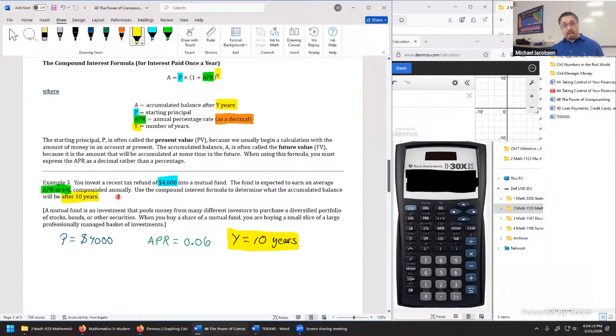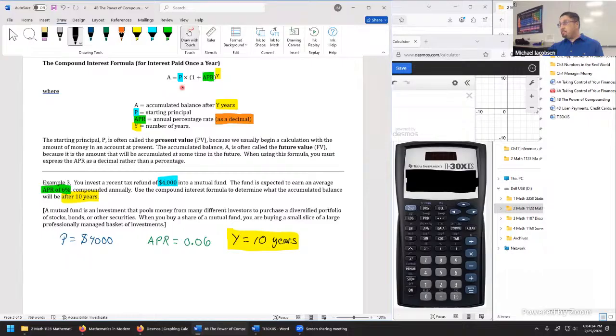This was going to be compounded annually, so just once per year. And assuming that we really get that 6% exactly on every single year of those 10 years, we can determine what the amount in the account will be in 10 years, assuming no withdrawals. So here's how we'll go at it.